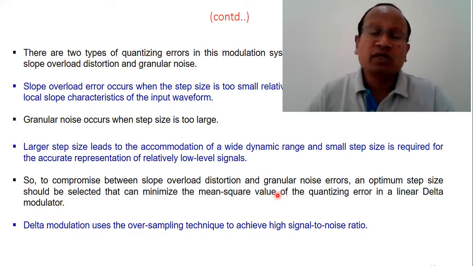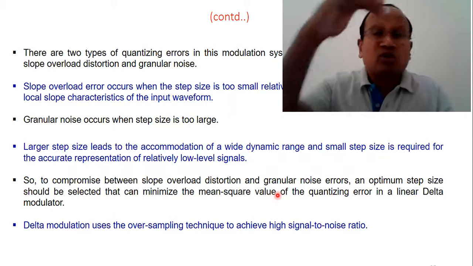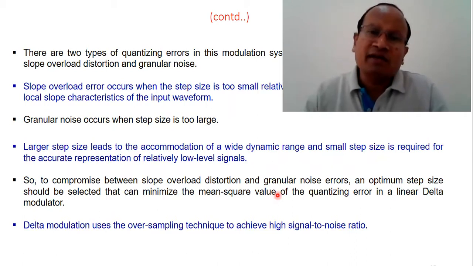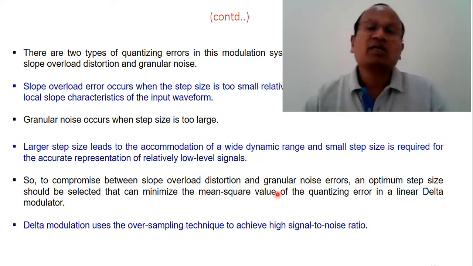We choose a value of the step size in an optimum manner, neither too high nor too low, so that we can avoid granular noise as well as slope overload error, and the delta modulation can work in a linear manner effectively, efficiently, converting analog signal into digital, and that too the data which is oversampled data with the reduced bit rate, with the reduced bit requirement. The delta modulation can effectively convert analog signal into a stream of bits.